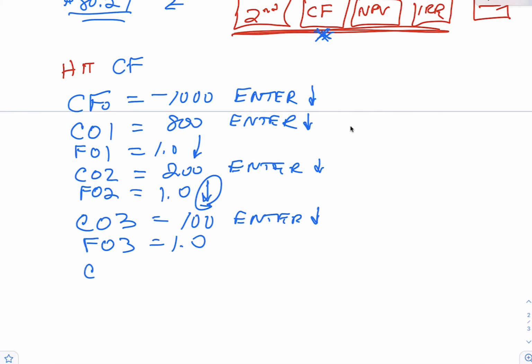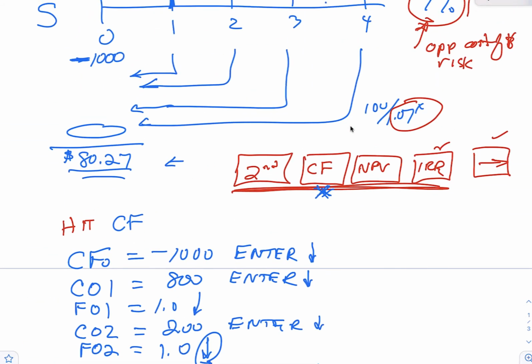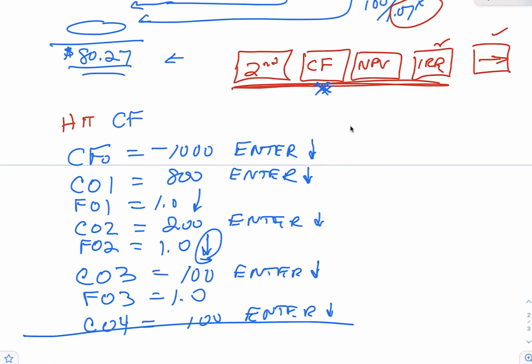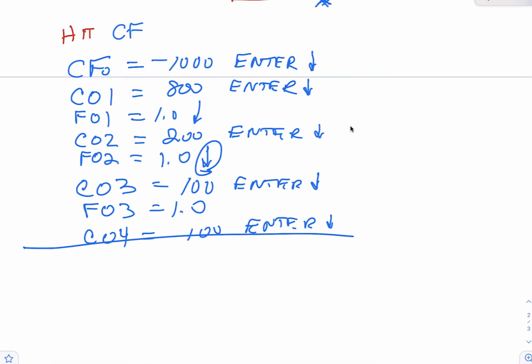And then you're going to see on your display C04, and you're going to plug in 100, hit enter, down arrow. At this point, it basically stops because there are only 4 cash flows and we've put them all in the calculator. But what you want to do is peek ahead.